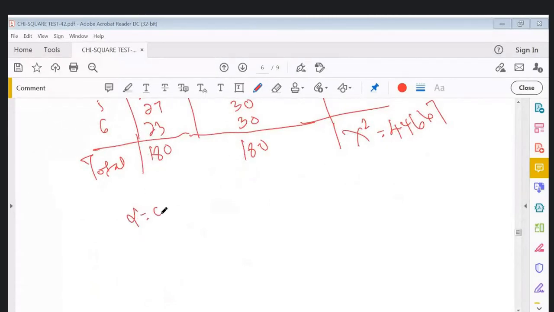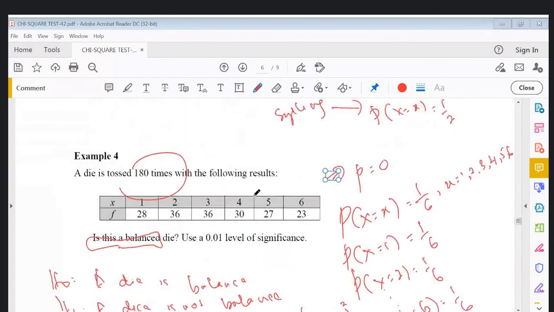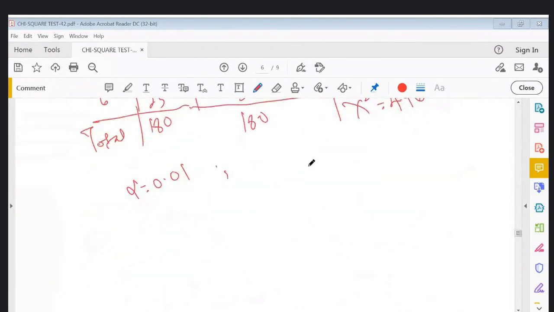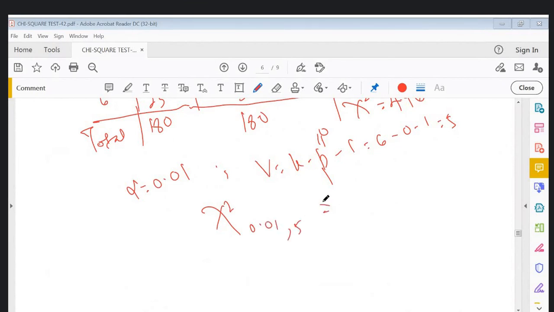V is equal to K minus P minus 1. For this question P is 0, K is 6, so 6 minus 0 minus 1 is equal to 5. Let's see from the table, what is the value of chi-square 0.01 with 5 degrees of freedom?